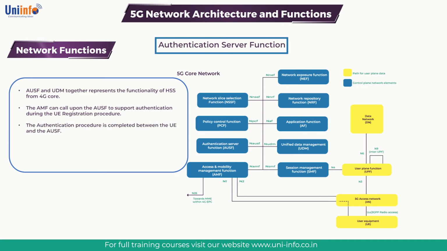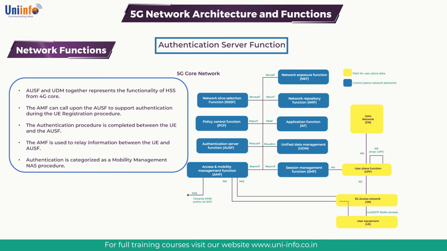The authentication procedure is completed between the UE and the AUSF. However, the AUSF cannot communicate directly with the UE. The AMF is used to relay information between the UE and AUSF. The AMF uses non-access stratum signaling towards the UE.